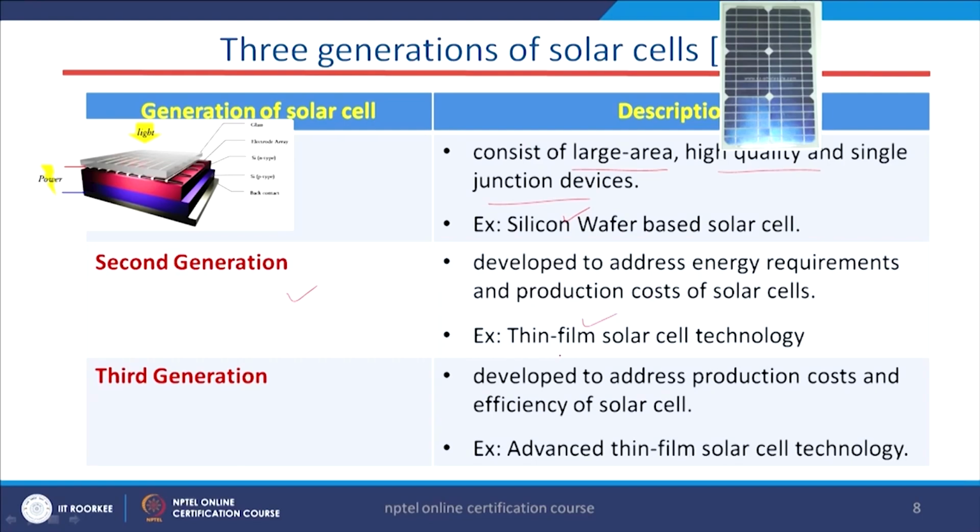Here we have multi layers, whereas in the first we have a single layer. And coming to the third generation, here we have developed production cost efficient solar cells, basically advanced thin film solar cell technology. So, these three technologies are in a developed stage.